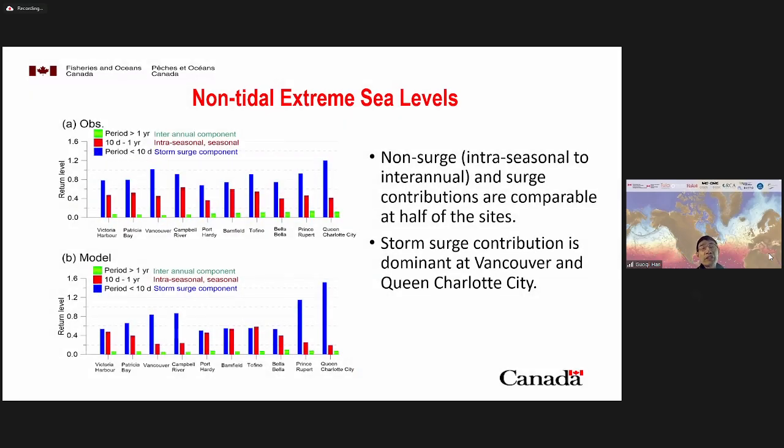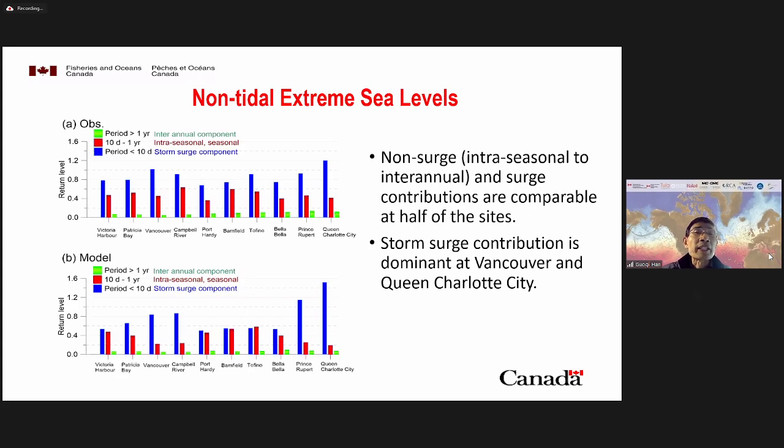We have looked at it further, because previous studies usually said this extreme sea level is mostly related to tides and storm surge. But for the Pacific coast of Canada, we decompose the non-tidal sea level into 3 components.